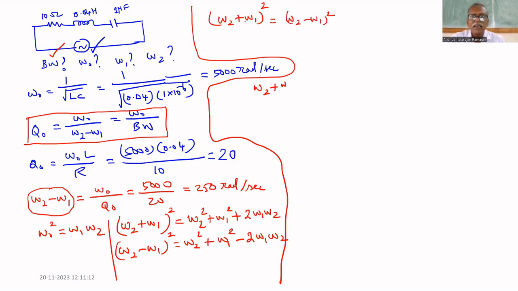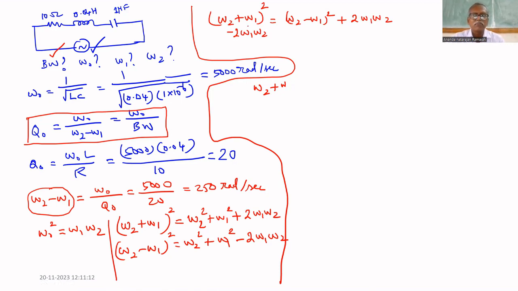If you write here, what is excess? Here, minus 2 omega 1 omega 2. That's why to compensate that, we have to add 2 omega 1 omega 2. Here, you have to put minus 2 omega 1 omega 2. Because if you expand here, what you will get omega 1 square plus omega 2 square plus 2 omega 1 omega 2. If you subtract 2 omega 1 omega 2, both sides will be equal. Am I correct or not?